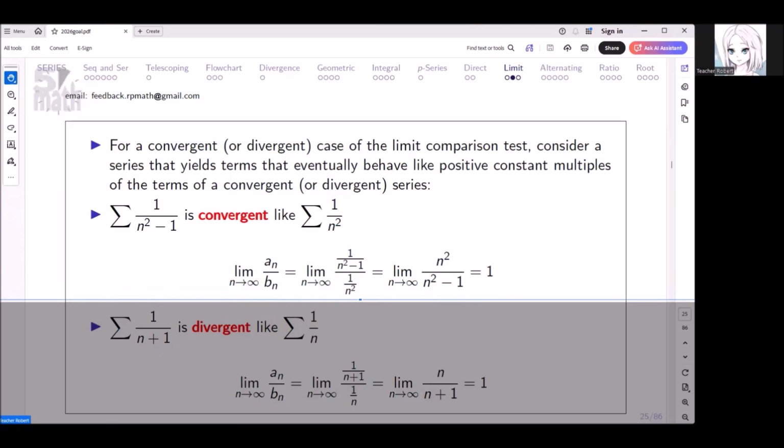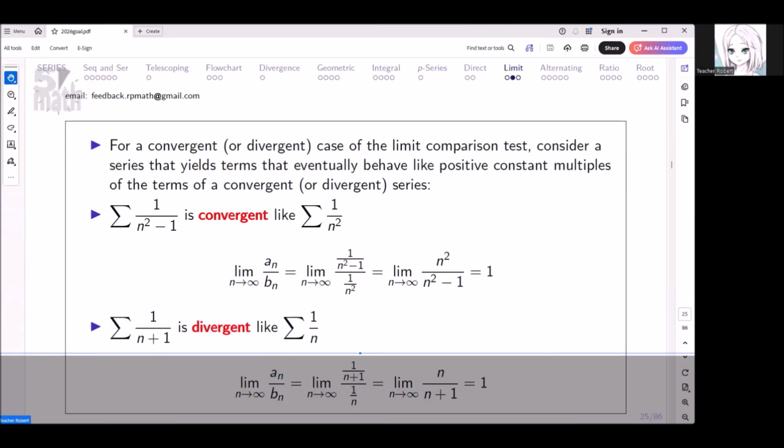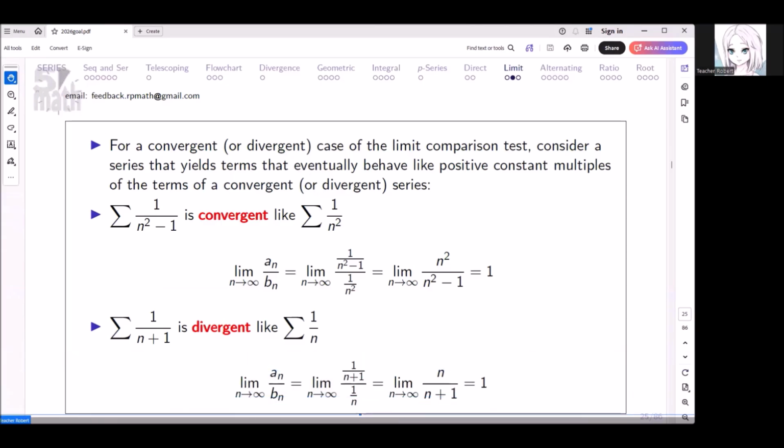This series is convergent like that series, and we have the following. This series is divergent like that series, and we have the following.